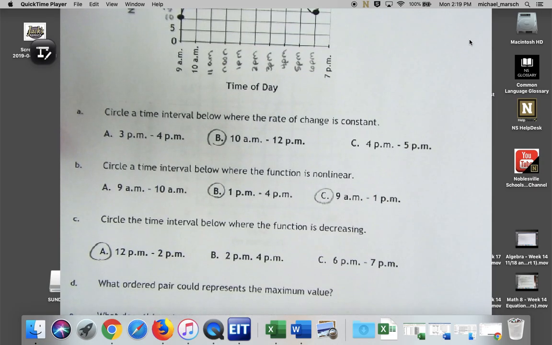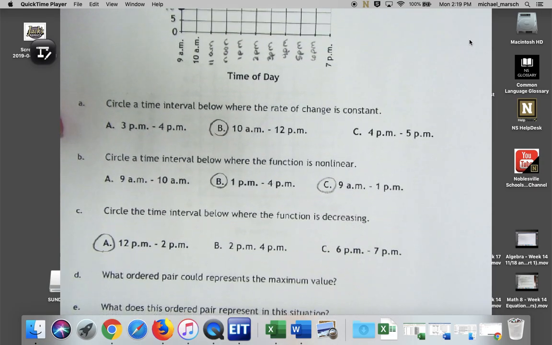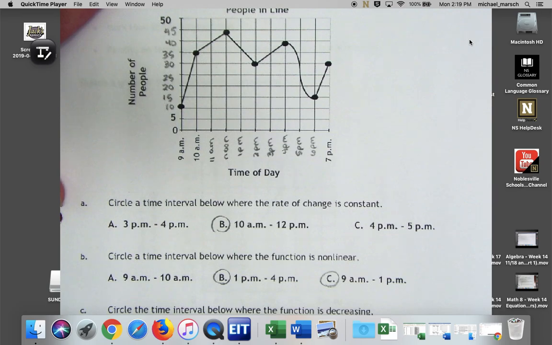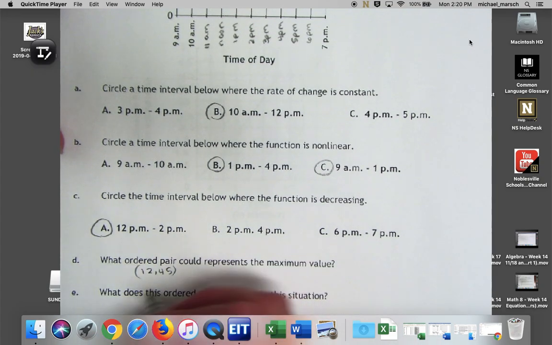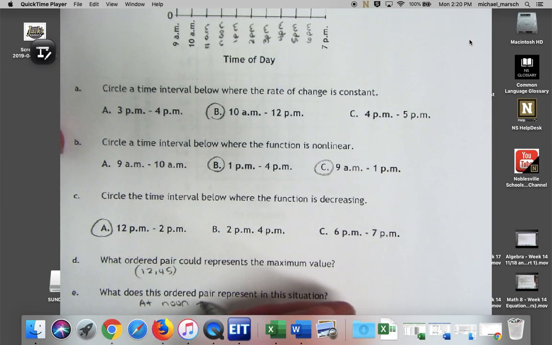All right, what's my maximum value here? There's only one. 12:45, or just 12. And what does it represent? The maximum.